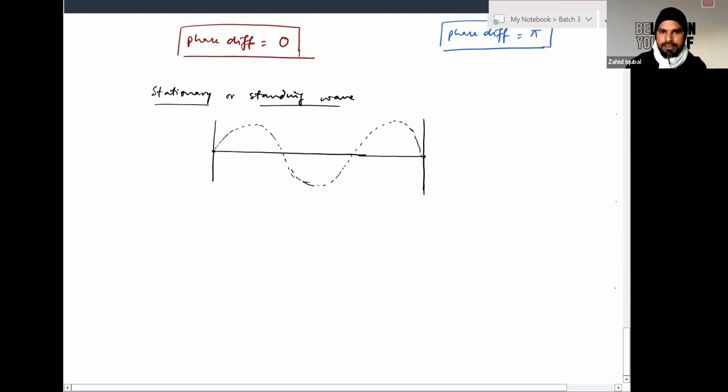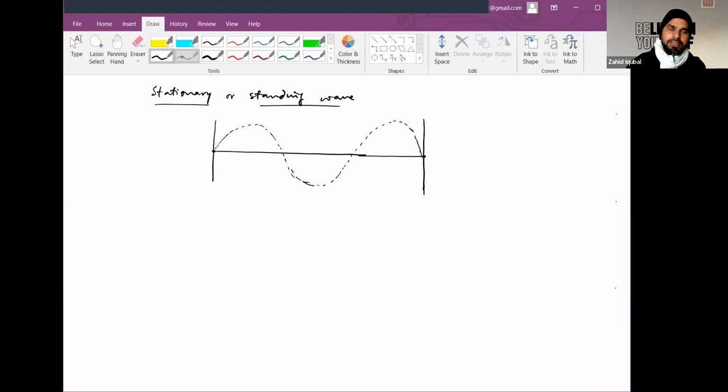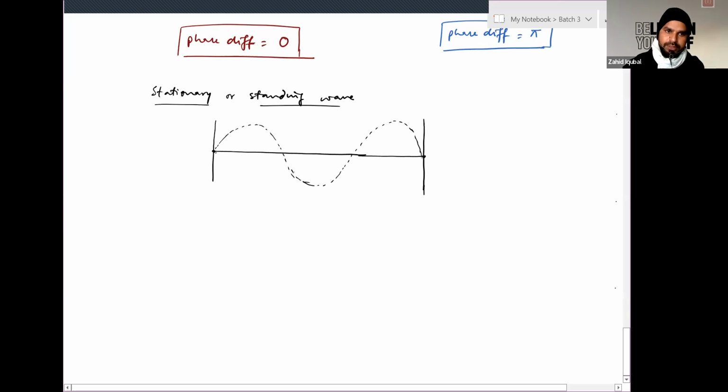Since this end is fixed, on reflection its direction will get reversed, like this. So this wave is the incident wave, and after reflection it gets reflected back along this direction.